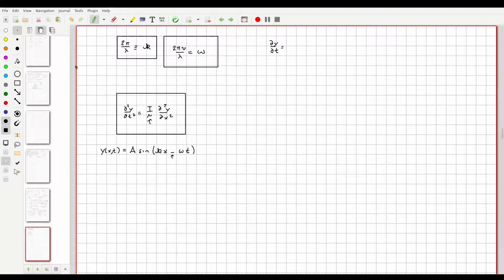In most problems we assume our object's initially traveling to the right, just to make life easy. So the derivative with respect to time gives a minus omega out in front, because this is a constant, an a, and it becomes a cosine.